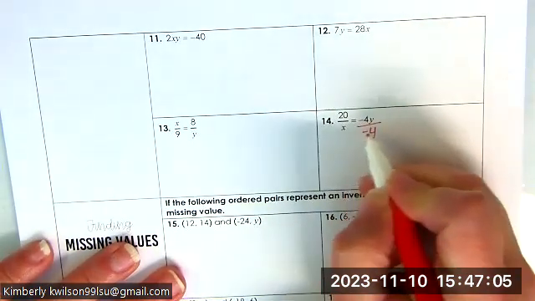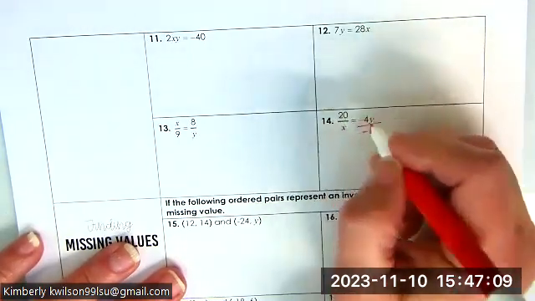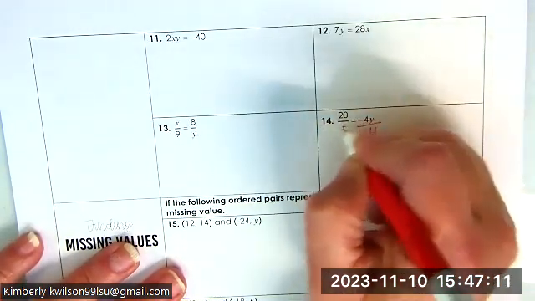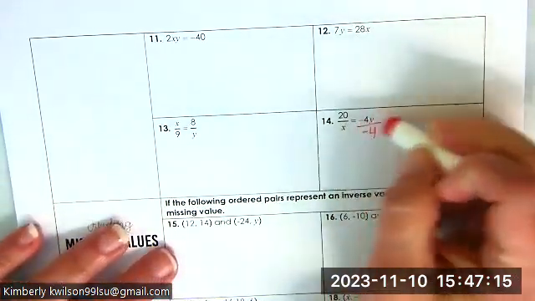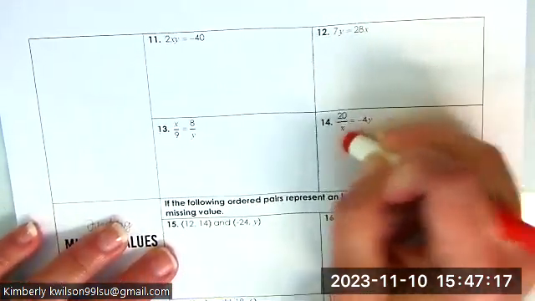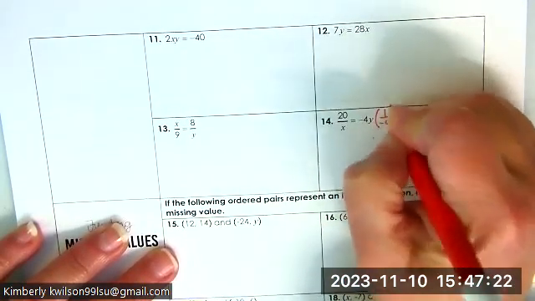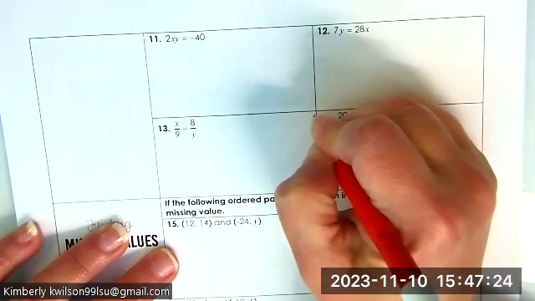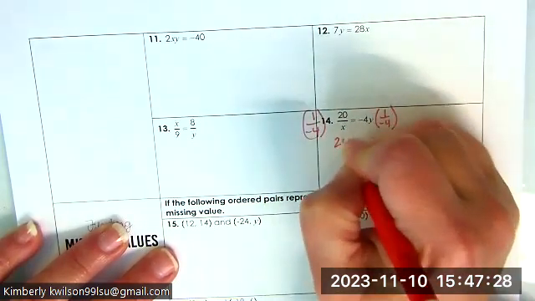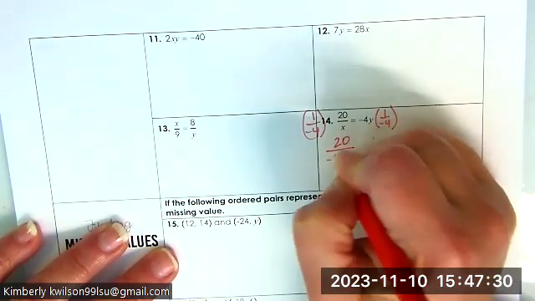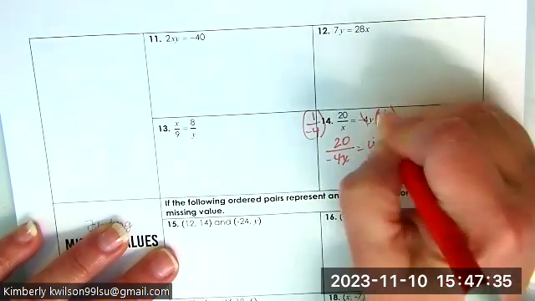Well, if I'm dividing by -4 on both sides, that means this -4 is going to end up in the denominator. It might be easier to understand if I multiply by 1 over -4 on both sides. Because if I multiply by 1 over -4 on both sides, that means this is going to end up as 20 over -4x equals y, because these cancel.